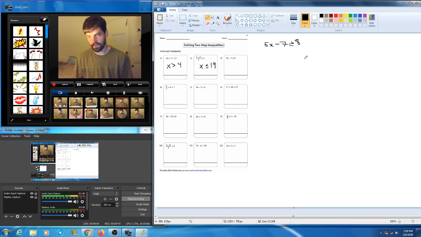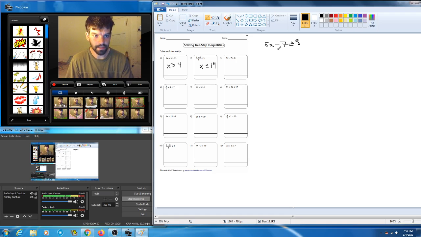Now remember, if you're having a little trouble remembering which side points to greater than, which side points to less than, the way I was always taught is the alligator's mouth is more open at the greater than sign. So the more of the teeth that show, the greater the value. Something like that. But this is going to be a case in this question where we're just going to use the reverse order of operations because there's no rational number or fraction that we have to deal with.